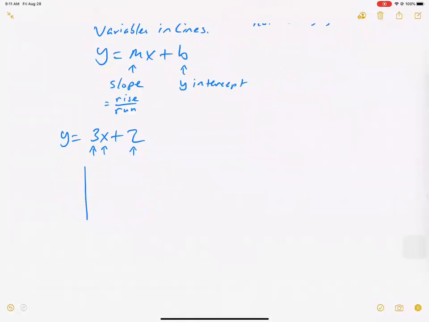So let's set up a table, x's and y's. If we plug in x as 0, that's our starting position, I've already made $2. I'll rewrite that to make it look a little nicer. So it's 3 times 0 plus 2. I write the parentheses around the 0 just to make it clear to me I'm plugging it in.